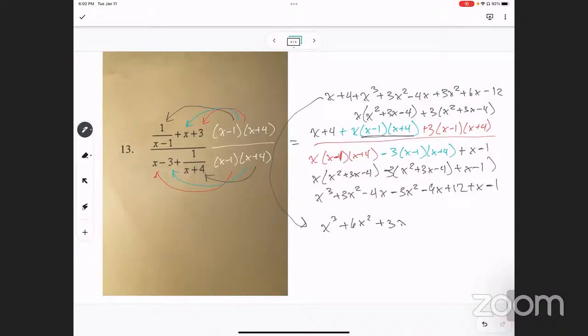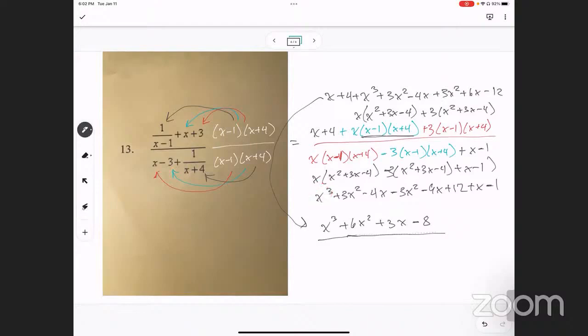Right? So that's plus 3x. And then I have 4 minus 12. Are there any other constants? I don't think so. 4 minus 12 is negative 8. Yeah. Okay, there's my numerator. Let's do that same thing for the denominator.